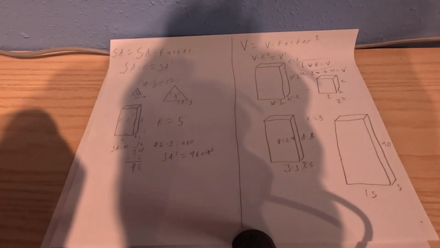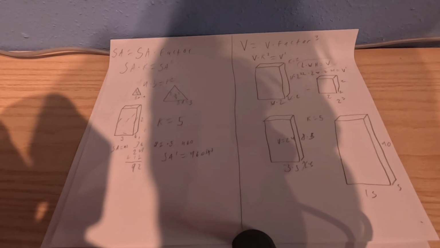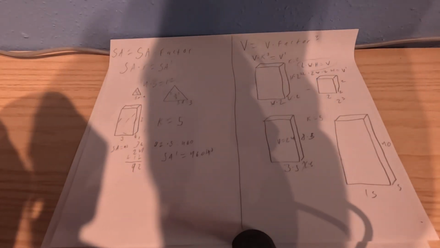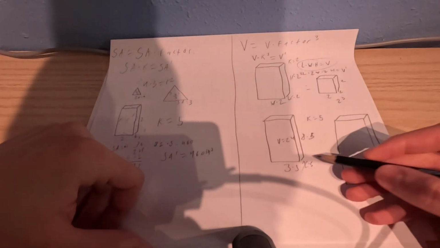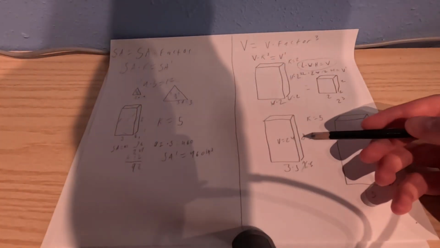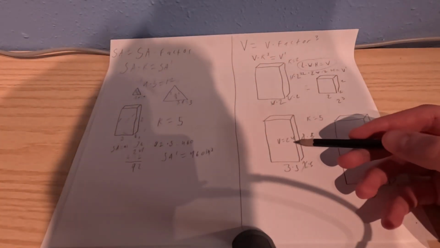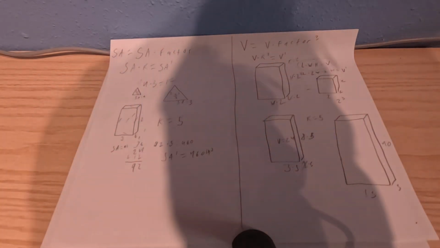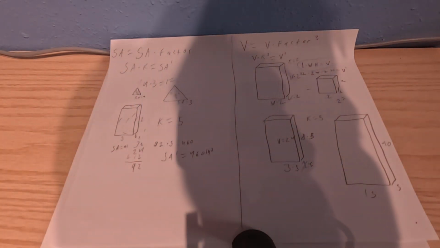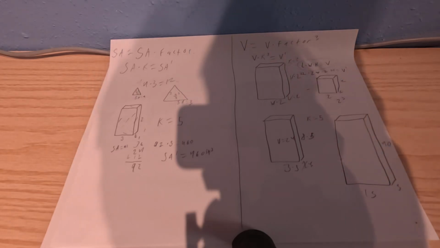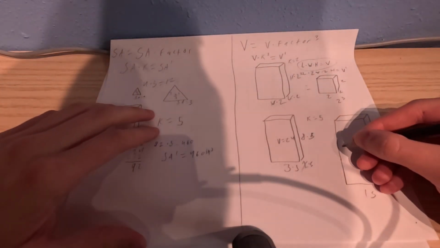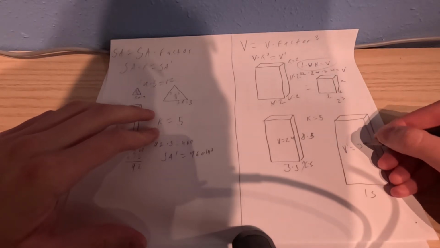So we can do 15 times 5 times 40. That gives us 3,000. We can check this by saying volume equals 24 times 5 cubed. So 24 times 5 cubed also equals 3,000. So we can confidently say that V prime equals 3,000.